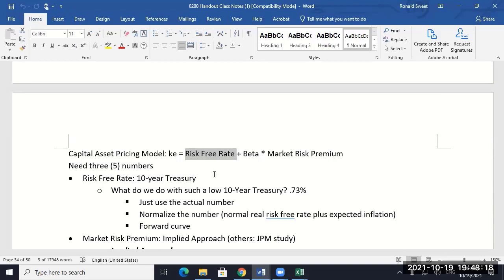And he debates whether you use the short-term treasury, the 5-year treasury, the 10-year treasury, the 30-year treasury. Most people overwhelmingly use the 10-year treasury. Short-term rates are way too volatile, so your discount rate will just be going all over the place. And the 30-year treasury is a very supply-demand dependent, very specific market type of bond. So the 10-year is just right there in the middle of the curve. It's very liquid.